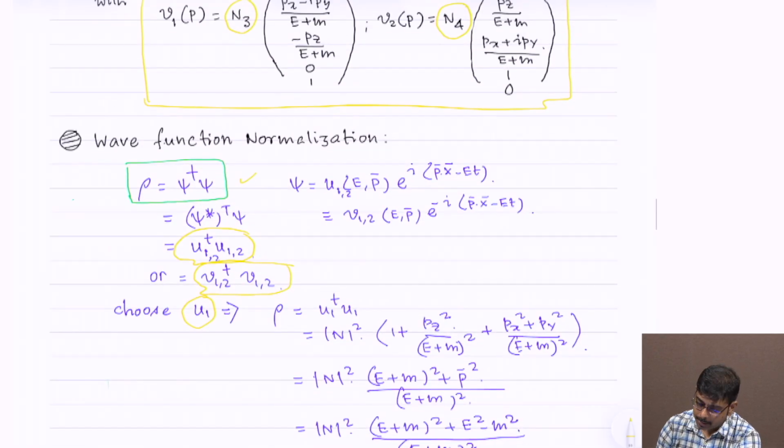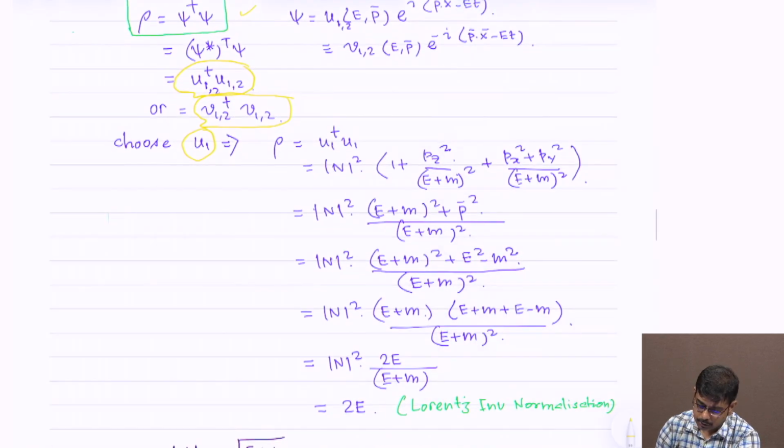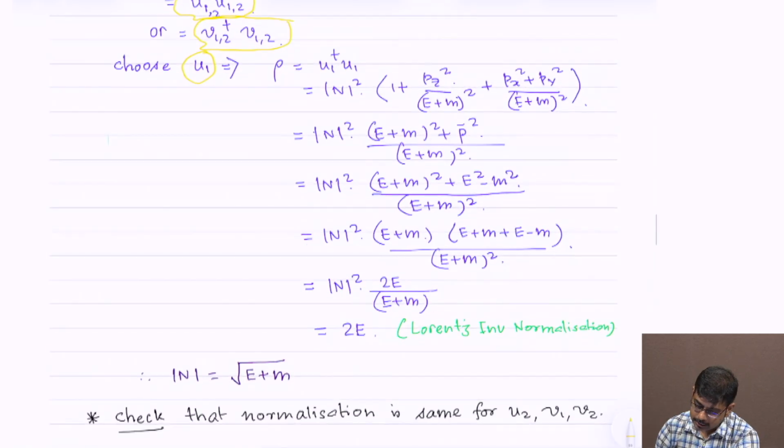So, rho is u1 dagger u1. Let us do the matrix multiplication, which I am not going to do. You are going to work it out, and you will find that this expression turns out to be mod N squared times 2E by E plus m. Now, you remember the Lorentz invariant way of normalizing is to say that rho, which is u1 dagger u1, has to be equal to 2E.